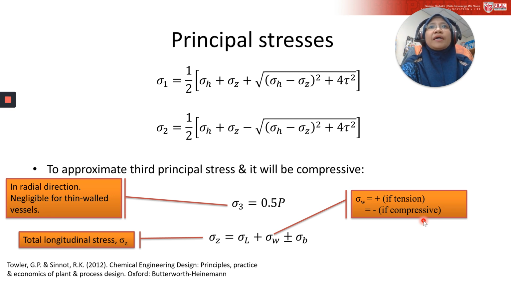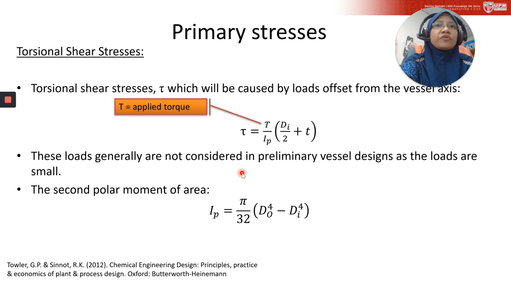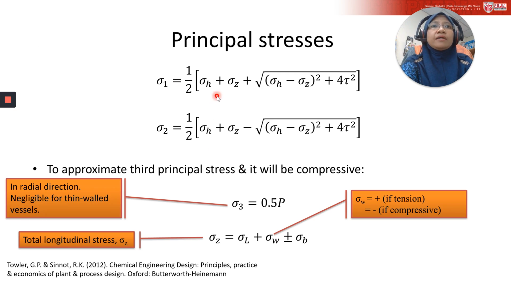The torsional stress tau is not included here because it is normally not significant. The third principal stress, which is in the radial direction, will usually be negligible for thin wall vessels, but for approximation, you can use this expression.